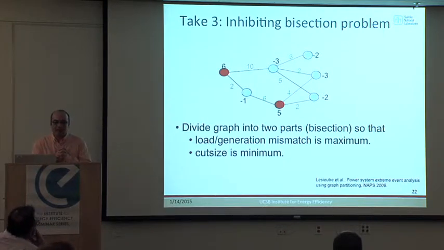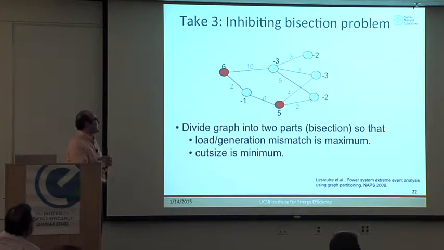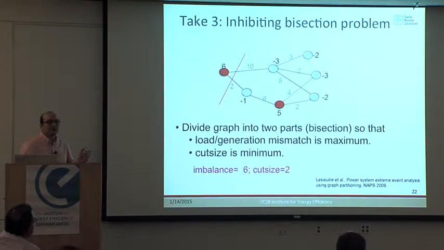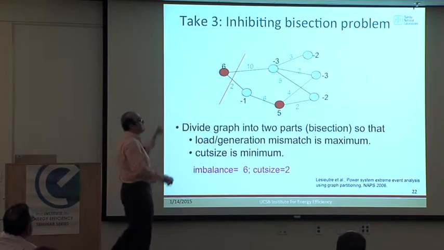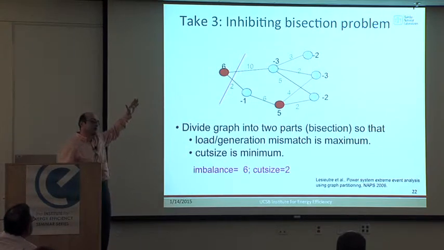The next problem is, instead of finding an attack, finding regions in the graph with excess load and few connections, which is important. Can I make the problem even easier? That's if I have two objectives. One is the excess load in one region. The other is the number of lines that connect that excess load part to the rest of the graph.